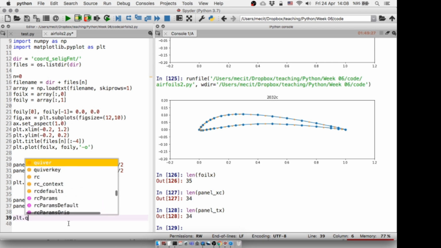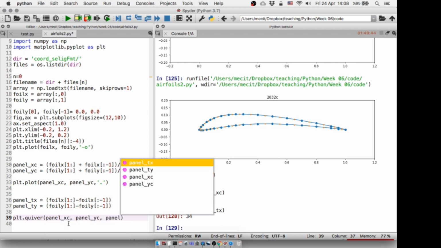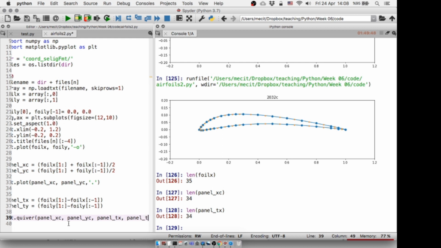So let's do the curve plot again. Where do I want to do that? At panel centers. And then my coordinates are panel tx and panel ty.